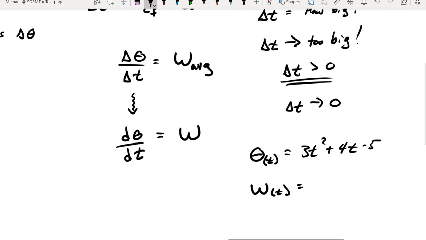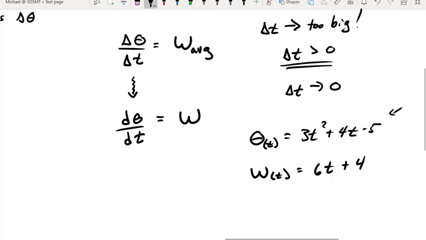I've just thrown some numbers together over here, but now we can step through this polynomial and take a derivative. What we would get here is 6t plus 4, and that would be a time-dependent expression for our instantaneous angular velocity.